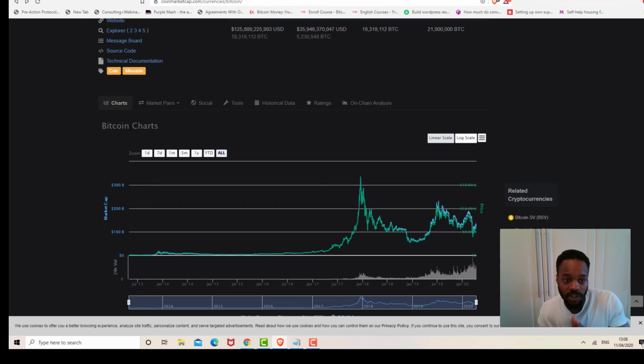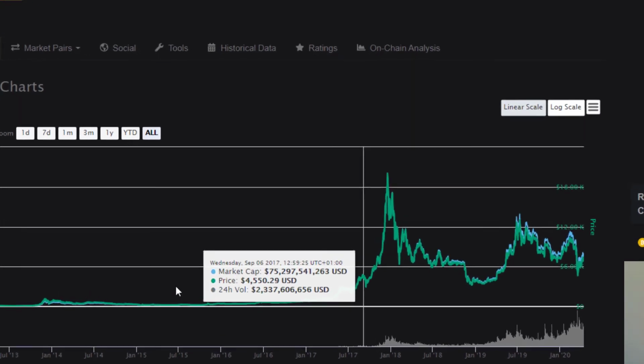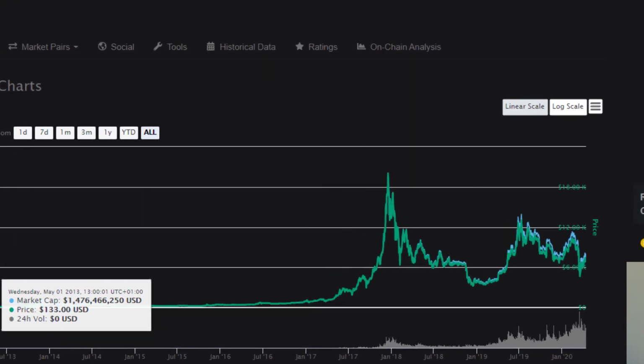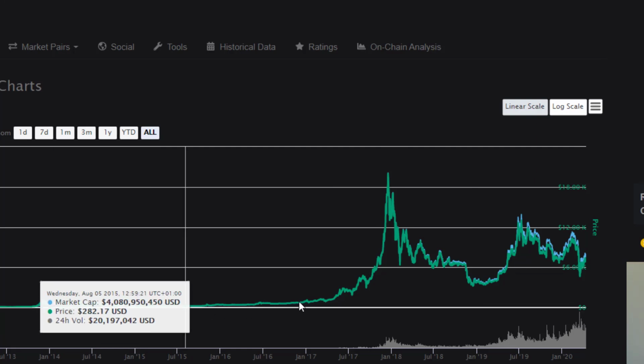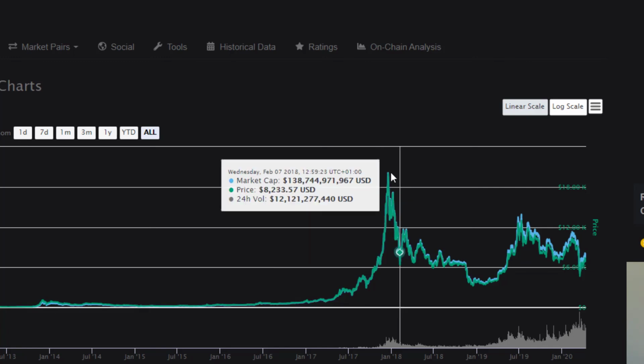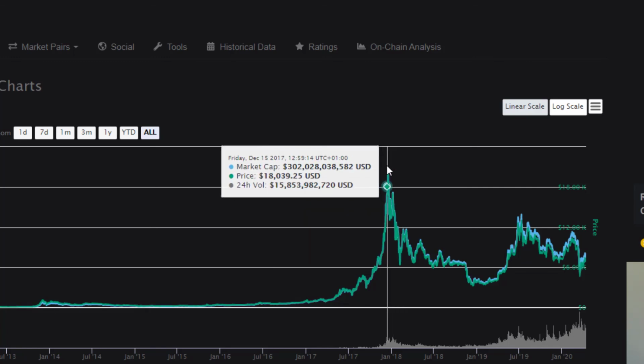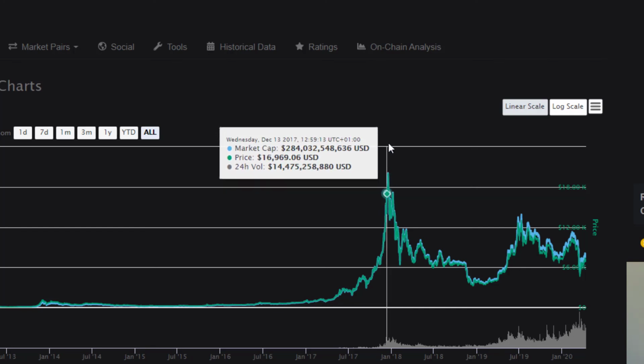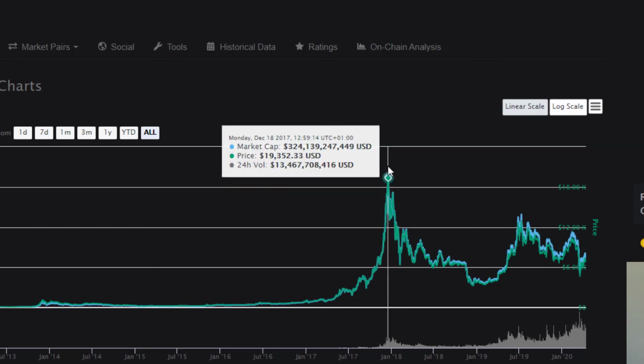Another interesting feature of CoinMarketCap is that it provides you with the charts of each coin. So here we can see, going back, that was on May the 1st, 2013. The price of one coin was $133. And again, as I explained, at its peak here, the price of one coin was $19,000, almost $20,000.